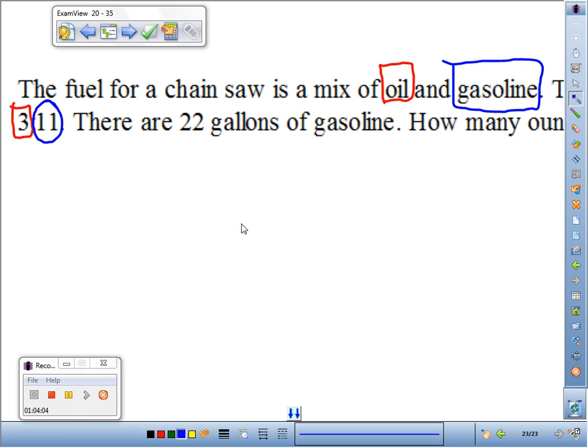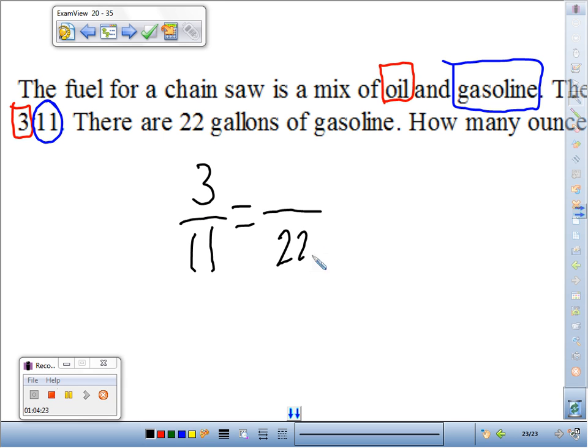The gasoline. So therefore we need to write a fraction, 3 over 11, and write our proportion. So they're saying there are 22 gallons of gasoline. Which one of these numbers corresponds to gasoline? The bottom, so that means we need to write the 22 down here. And to solve for the ounces, we need to write x.